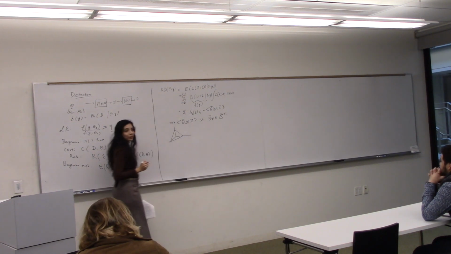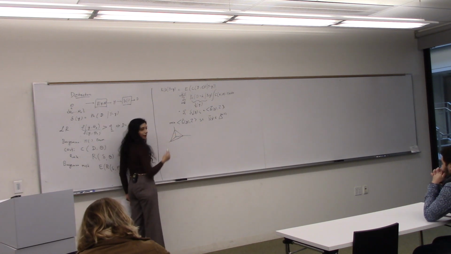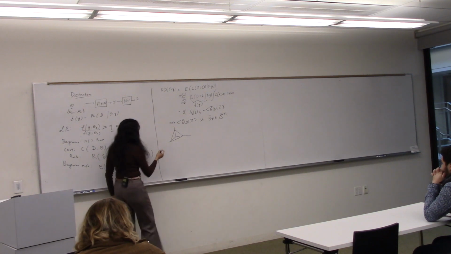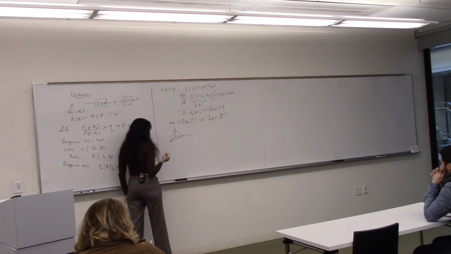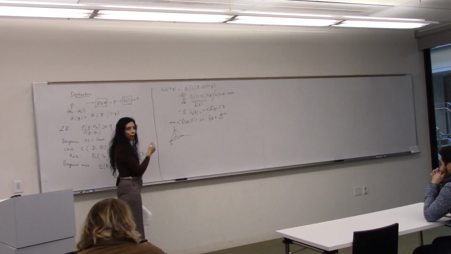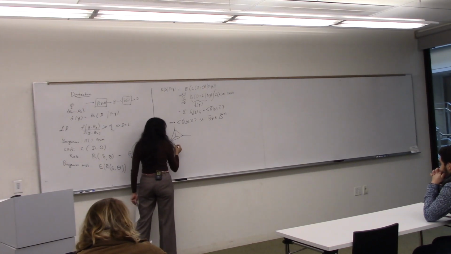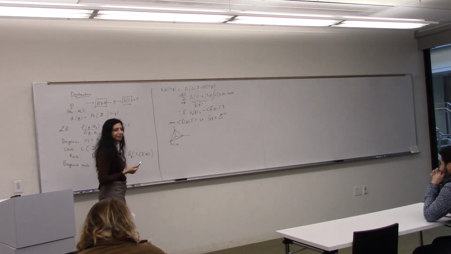I have the probability simplex, so delta can take any value in the simplex. The vertices are the ones which take value 1 at one of the indices. If it only takes value 1 at one of the indices, what is it? Deterministic.